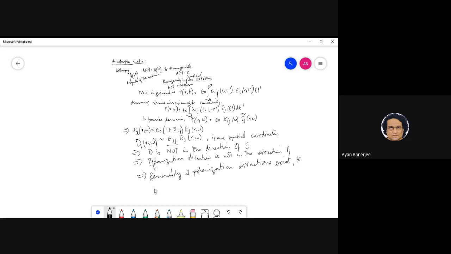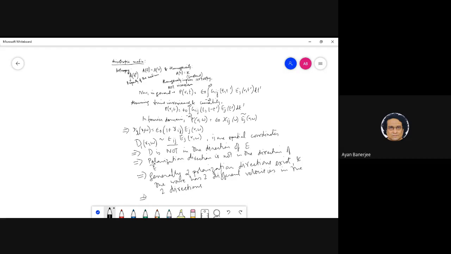Very importantly, the refractive index also is different. The refractive indices are different in those two directions. Okay. And the wave has two different velocities in the two directions. Very important.